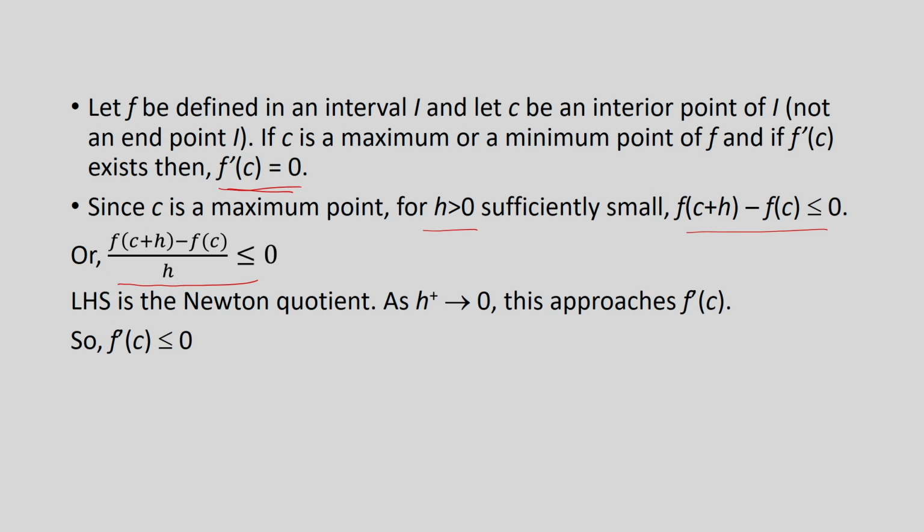Now, the left hand side is the Newton quotient. As h plus goes to 0, that is, we approach 0 from the positive side, the right hand side, this LHS, the Newton quotient, approaches f dash of C. This is the definition of derivative. Therefore, f dash of C is less than or equal to 0.